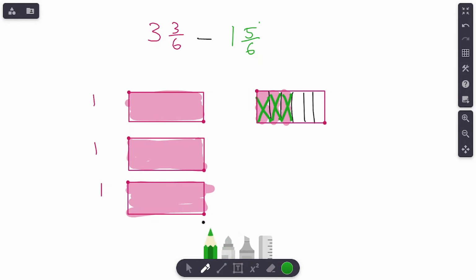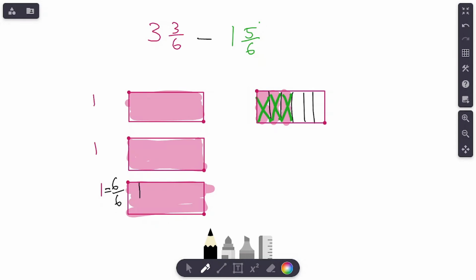So what we need to do is regroup one of these whole numbers, this 1 whole. We need to partition it. We need to regroup it into a fraction. And to do that, we're going to take 1 whole and partition it or regroup it into 6/6.